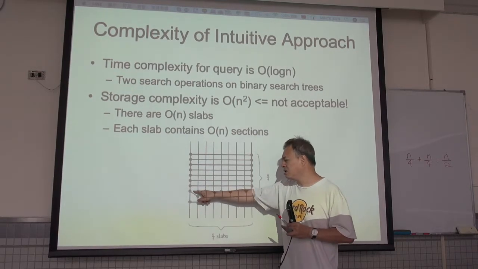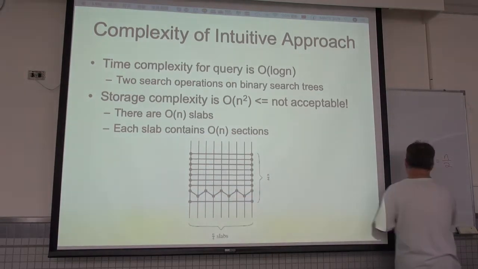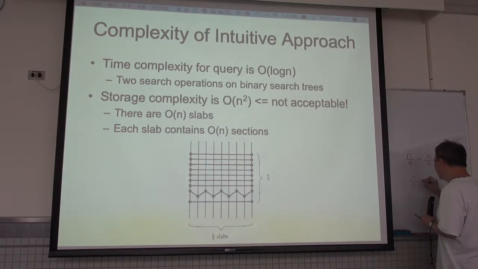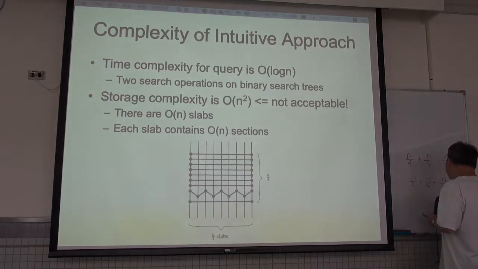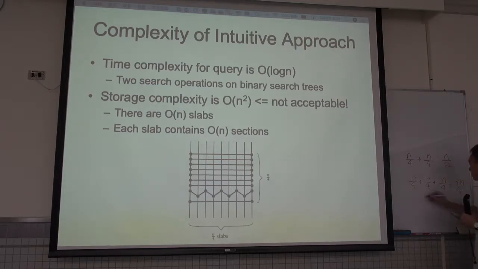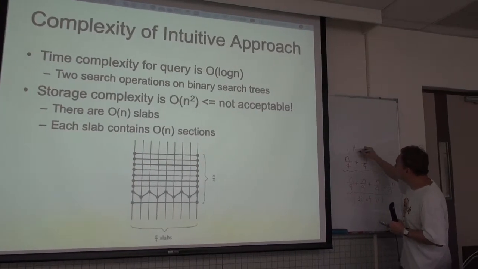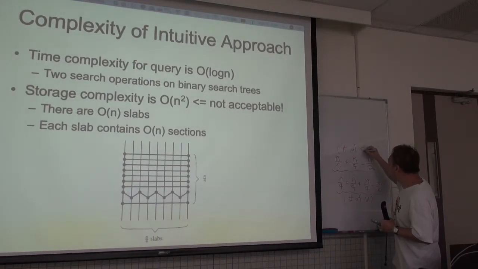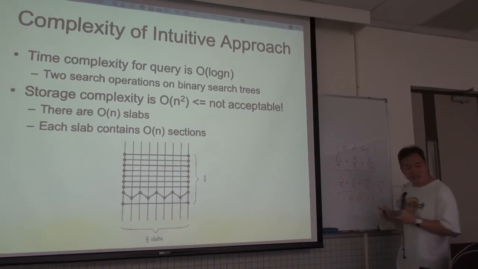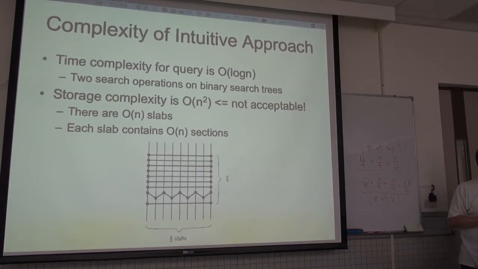So totally, roughly n over 4 plus n over 4 plus n over 4, about 3n over 4. This is the number of vertices, and this is the number of segments.